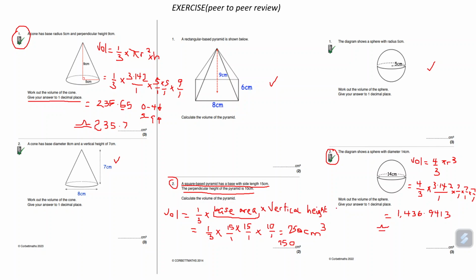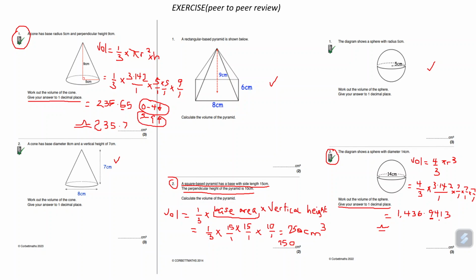Let's look at the concluding part of the question. It says give your answer to one decimal place. You count, this is 1. Then you look at the next available number. Remember what the rule says: if the number is between 0 to 4, you round down; 5 to 9, you round up.